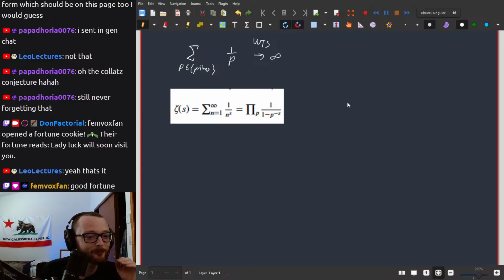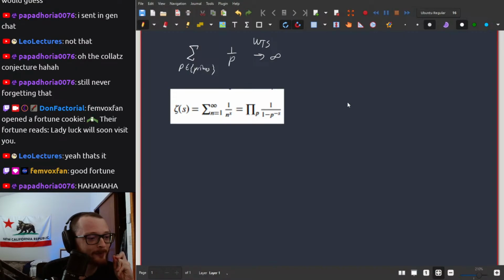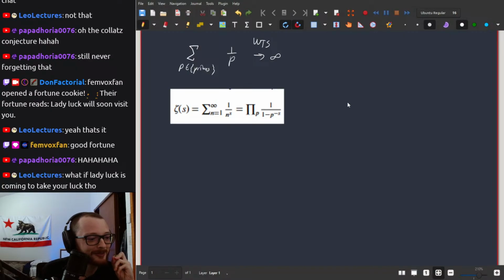And once I heard that, I was so sure he was going to do that to us too. Thankfully, he didn't. But yeah. Hey Rex, all the effort you're making will ultimately pay off. That's a good fortune. Lady Luck will soon visit you. That's a good one too. Yeah, what if Lady Luck is coming to take your luck though? Unlucky. Yeah, he probably said something about the Hölder inequality in a certain context. I can't remember.